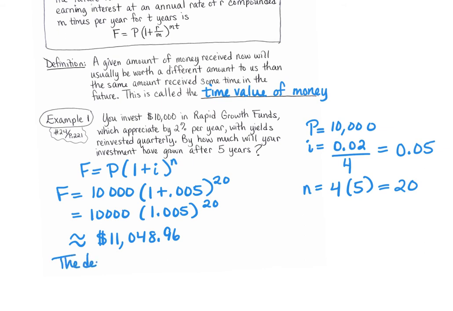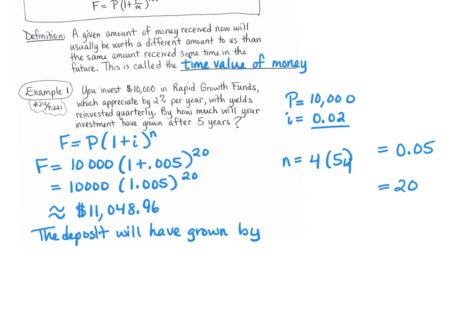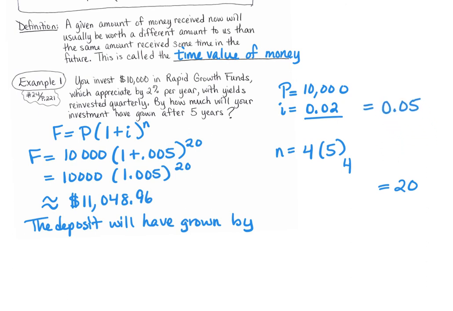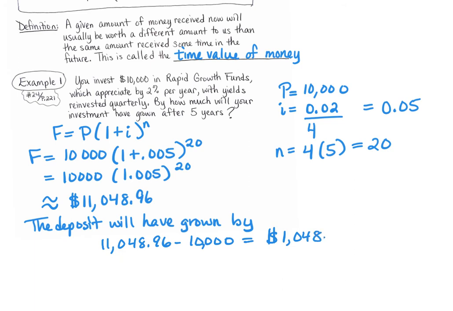So the deposit will have grown by $11,048.96 minus 10,000, which gives us $1,048.96. That's how much it will have grown.